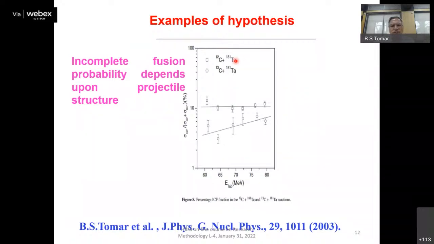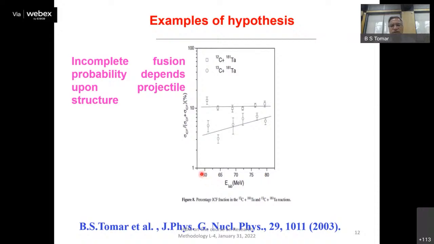Don't bother about the details of the physics behind this. I want to highlight that there are two processes: incomplete fusion and complete fusion. Incomplete fusion means a part of the projectile fuses with the target. Now the probability of incomplete fusion depends upon projectile structure. So we have taken two projectiles having different structure, carbon 12 and carbon 13, and studied the fusion with tantalum.